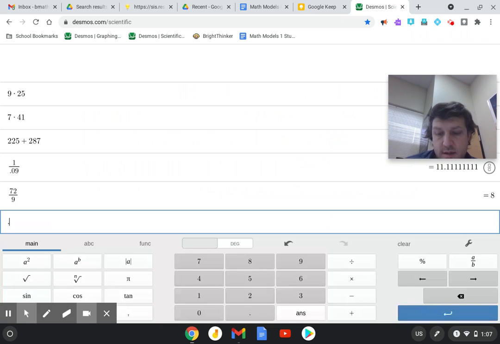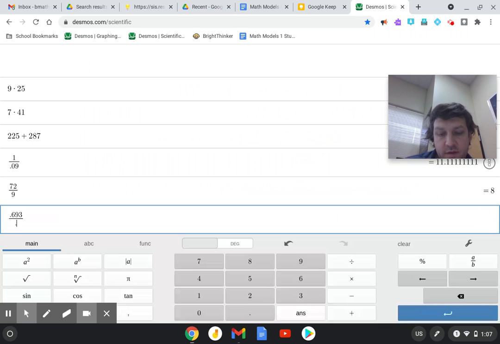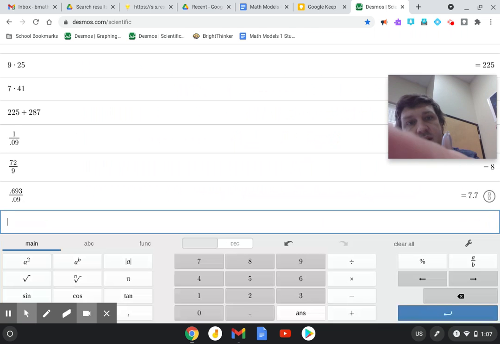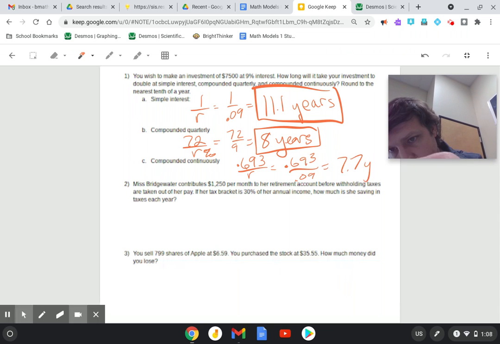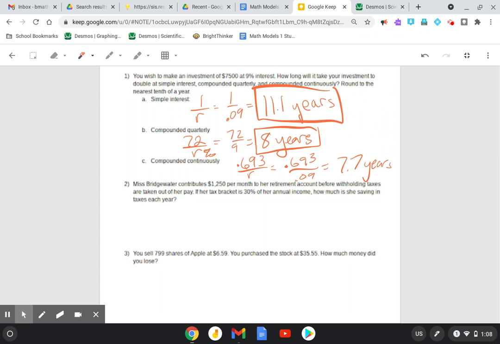And then 0.693 divided by 0.09, 7.7 years at, sorry, continuously compounded interest. So that's how that works right there.